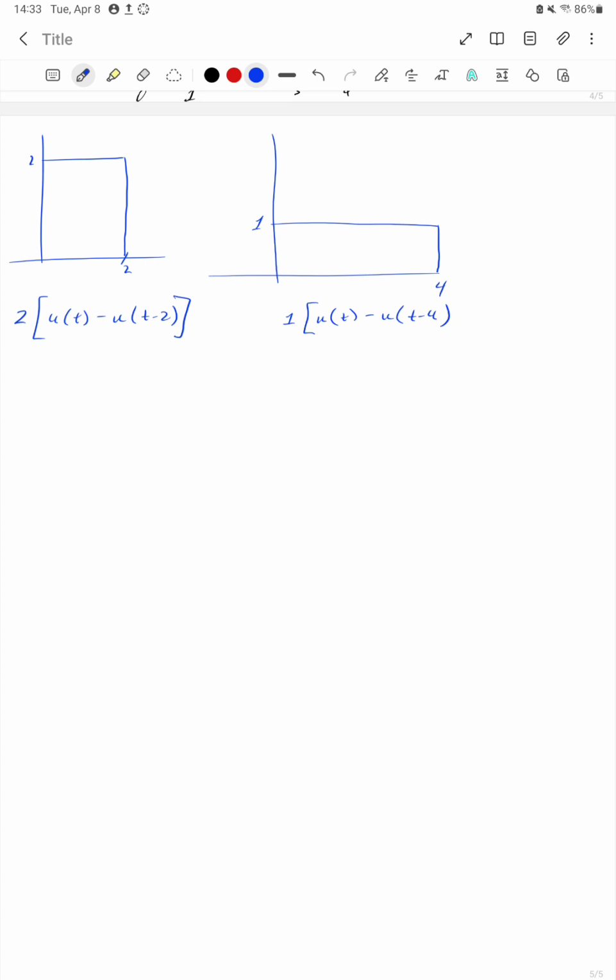If he gives you something stupid like a -1, like if he turned this graph around to look like this, I mean, none of this is anything crazy, right? Like if this was -4, it would just be u of t plus 4 minus u of t, right? Because instead of going up at 0, it's going down at 0, so that's where the negative would come in.